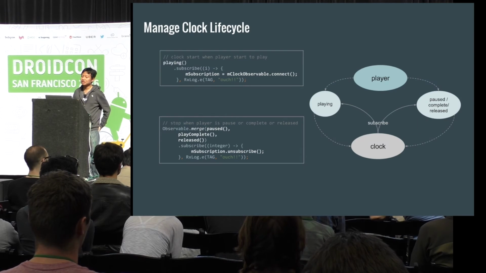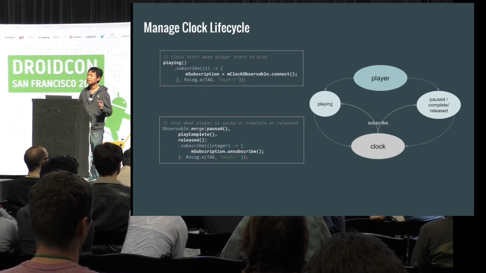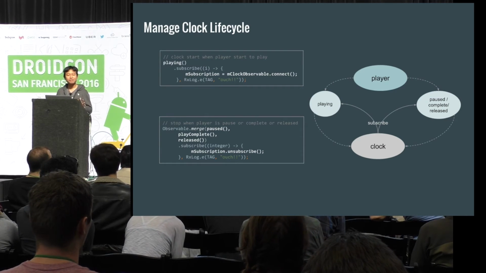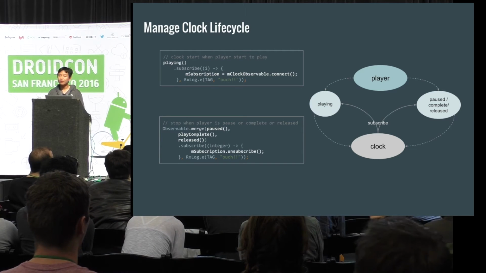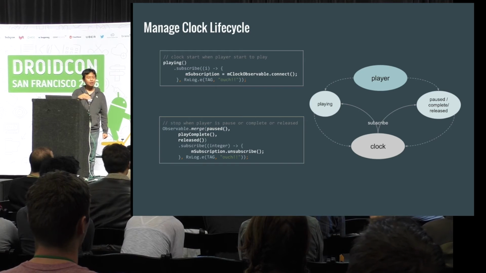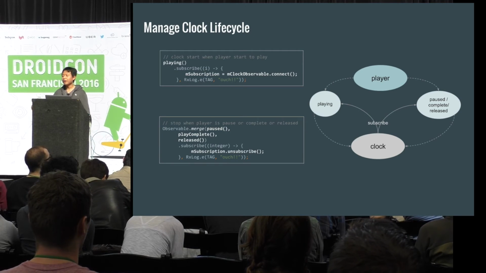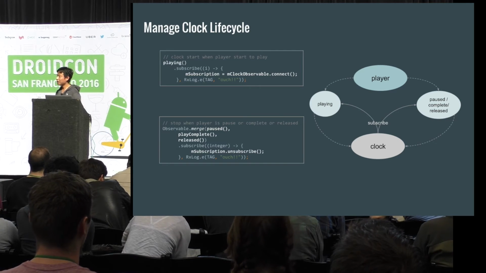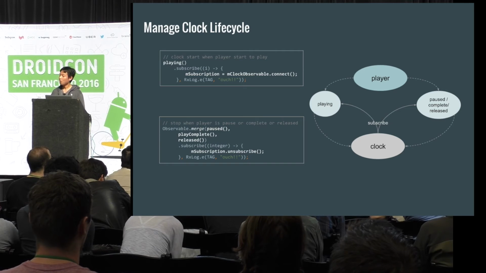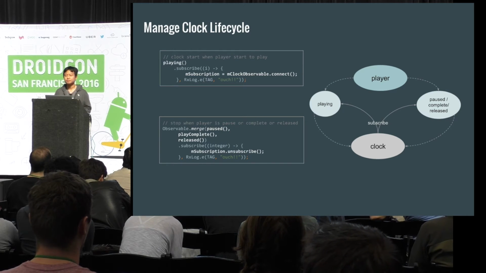Now, the next question is, how do you manage the clock life cycles? Why do we need to manage the clock life cycles? Because if you remember, we had a requirement that when it pauses, don't detect it as frozen, because that's expected. What it means is that when the player is paused, the clock also needs to stop.